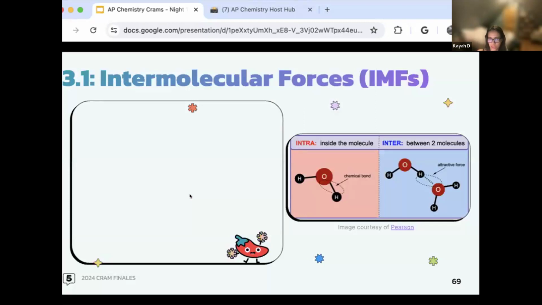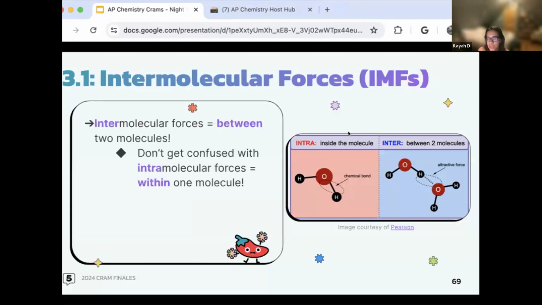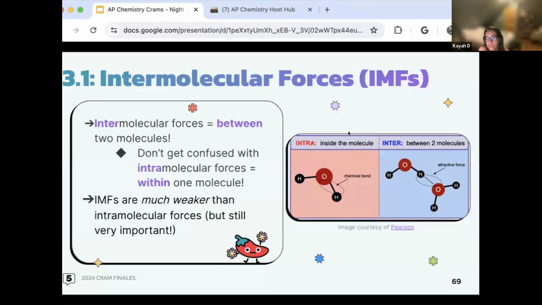So first thing, intermolecular forces, not to be confused with intramolecular forces. Inter is between two molecules. Like when you think of an interstate, it's like highways between two states, right? Same concept with intermolecular forces. These are the forces between two molecules. And if you have intra, the prefix indicates that it's inside the molecule.